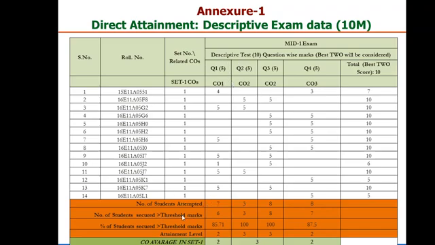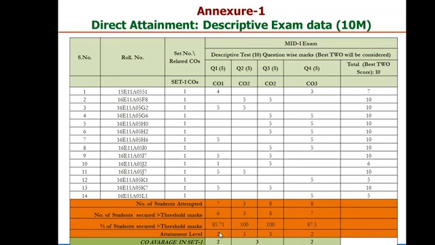So, greater than 3. In this, how many students secured greater than 3? See, 1, 2, 3, 4, 5, 6. So, 6 students secured greater than 3 marks. Total attempted 7. Then the percentage 6 by 7, so we got 85.71. As per the target level set, which level will this come under? Here it is showing 2.